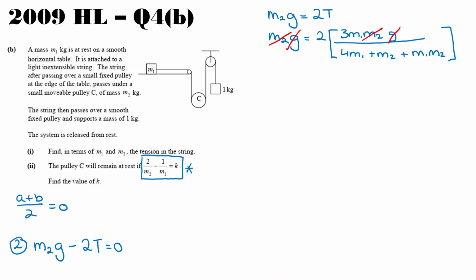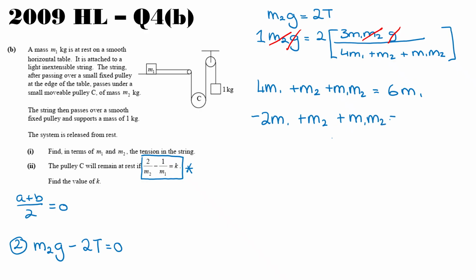Now I'm going to remember that this has a 1 still here, so I'm going to bring my denominator from the other side up, and I'm left with 4m1 plus m2 plus m1 m2, and that's going to equal 6m1. So if I bring that over, I get minus 2m1 plus m2 plus m1 times m2 equals 0. I don't want to start with negative, so I'm going to change my signs. So I'm left with something like this.